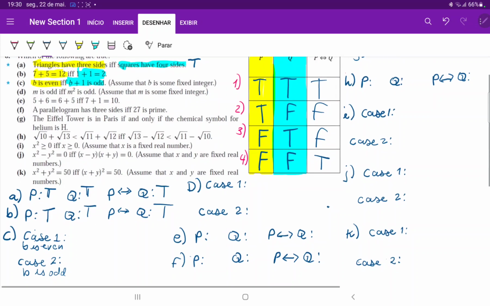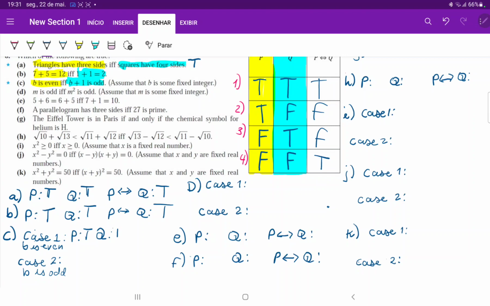Okay, if B is even, then P is clearly true, because B is even. What about Q? For Q, B plus 1 is odd. So if B is even, then B plus 1, whenever we add 1 to an even number, we get odd.